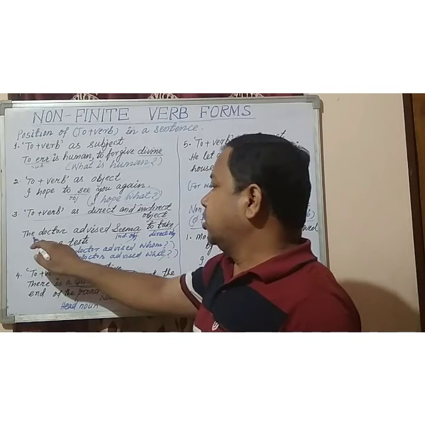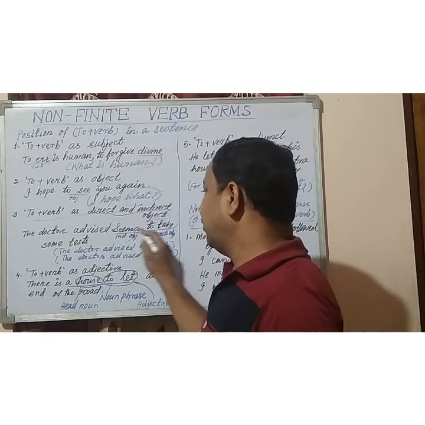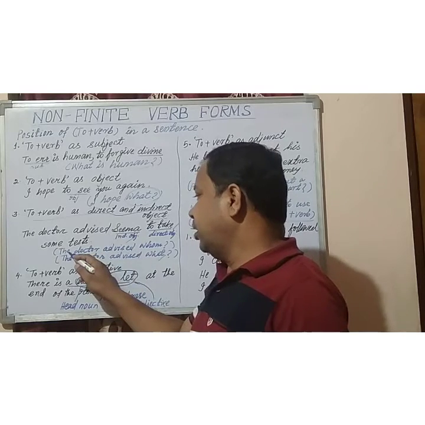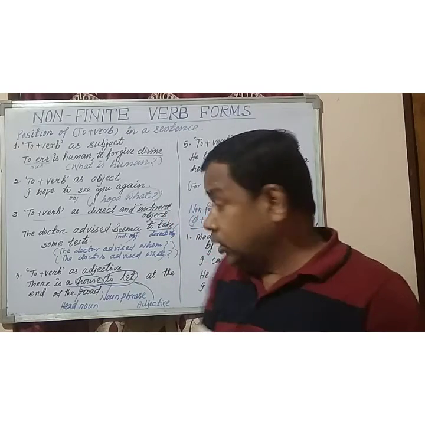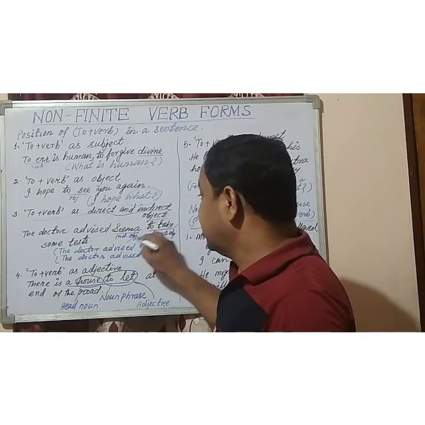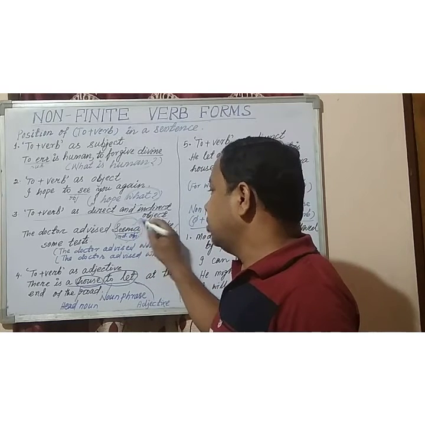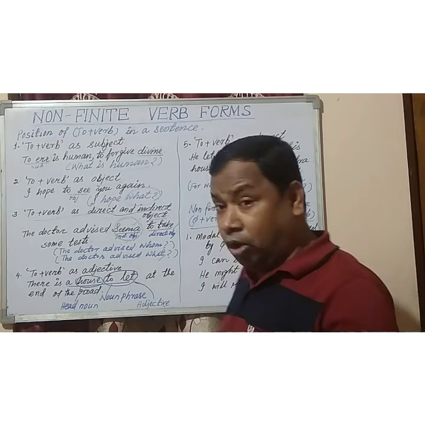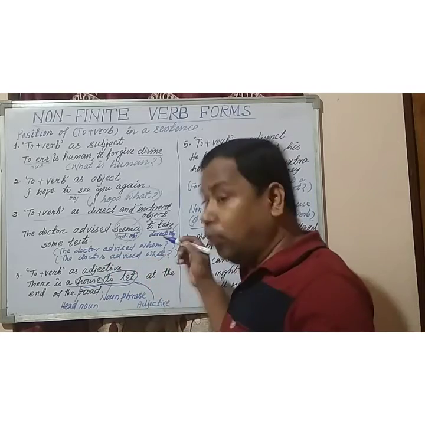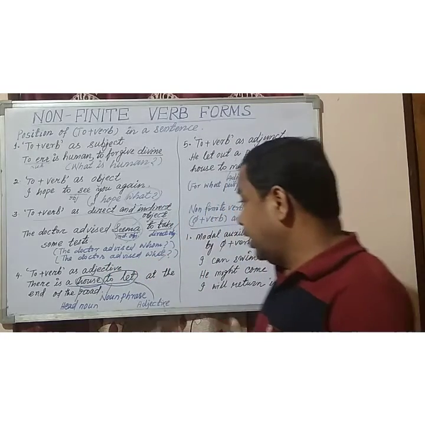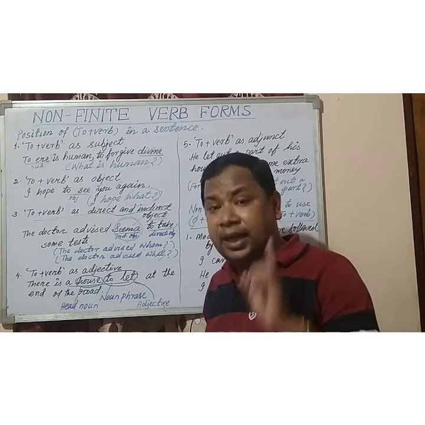So you see here: the doctor advised Sima to take some tests. The doctor advised whom? Automatically the answer is Sima. So whom here refers to Sima. So Sima is the indirect object. On the other hand, the question arises: the doctor advised what? Here the answer is to take. So to take is the direct object.